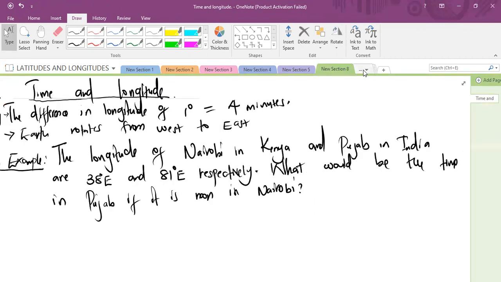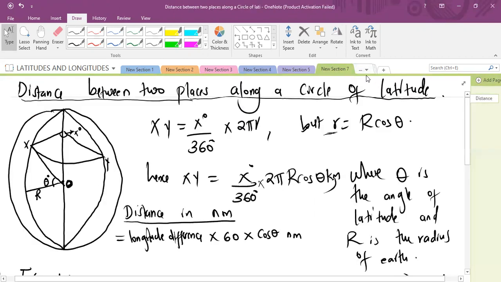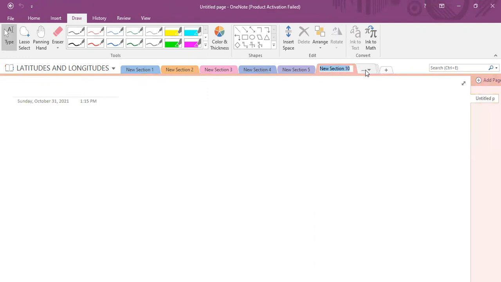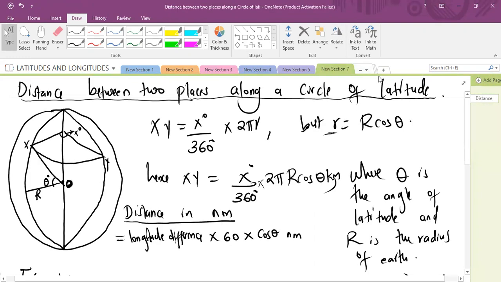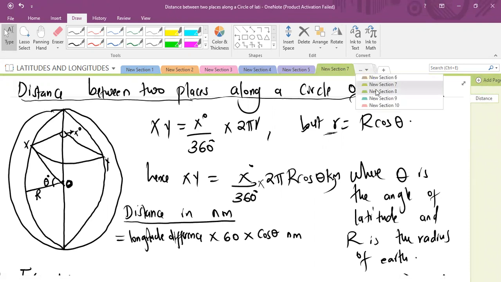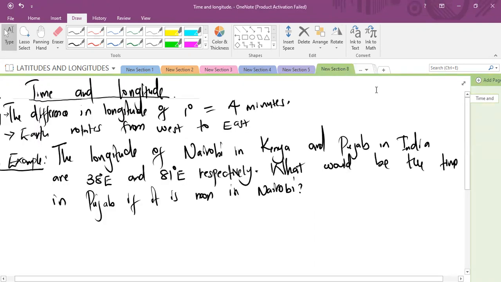Okay, so after that, we've already looked at distance along great circles, that is along the equator and the meridians, and also along the latitudes. So the next thing that I would want us to look at now is time and longitude. Now, the difference in longitude of 1 degree is equal to 4 minutes.